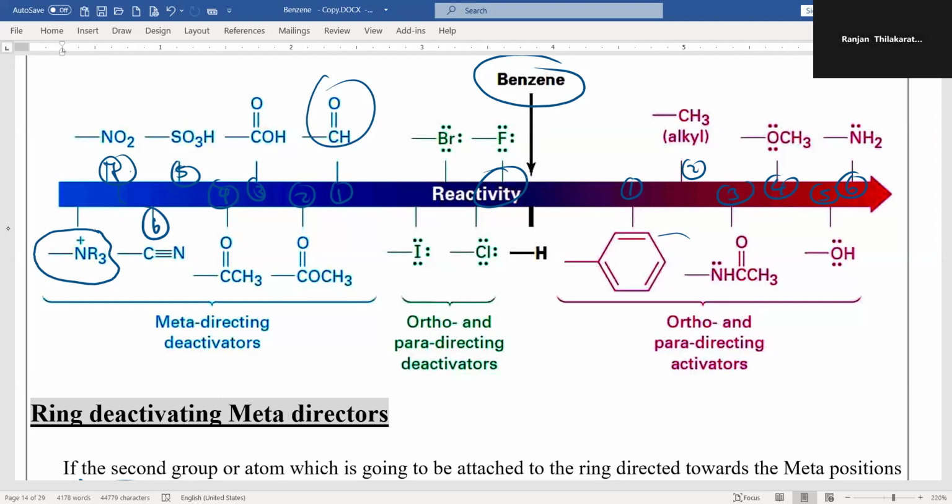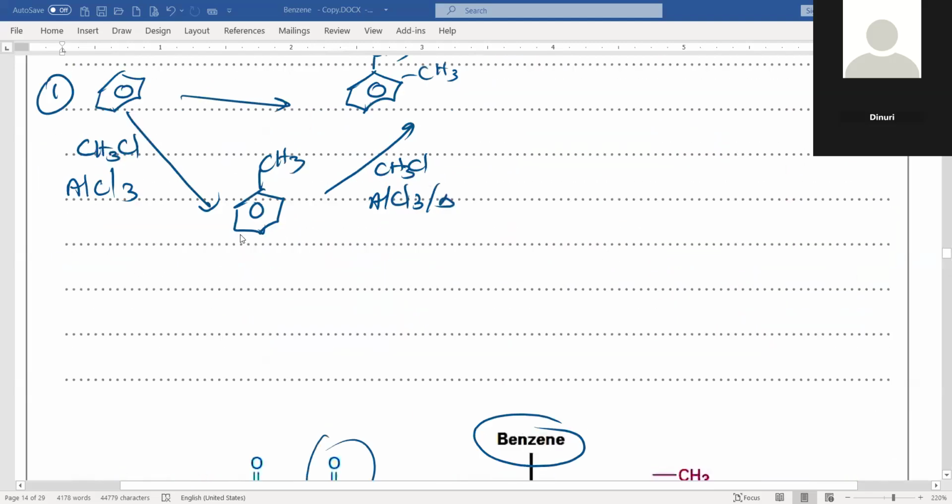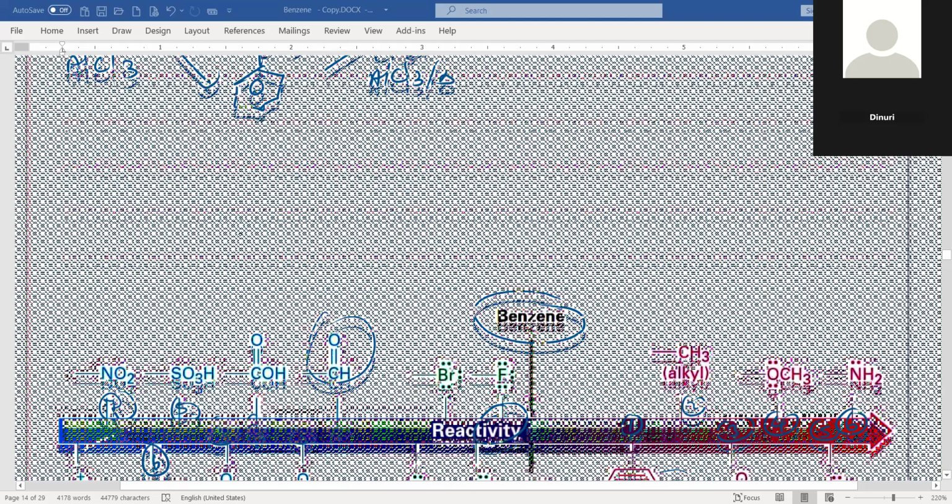Therefore, if you get the reactivities of these meta directors, this will give us the least reaction speed, or the rate of the reaction will be very least, because once again, remember how you can identify whether the given group is meta director or ortho para director.